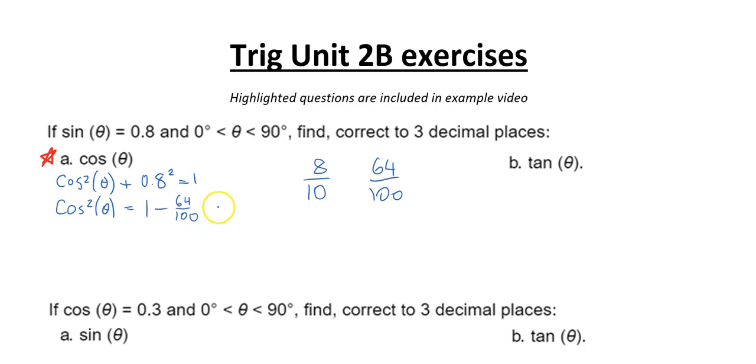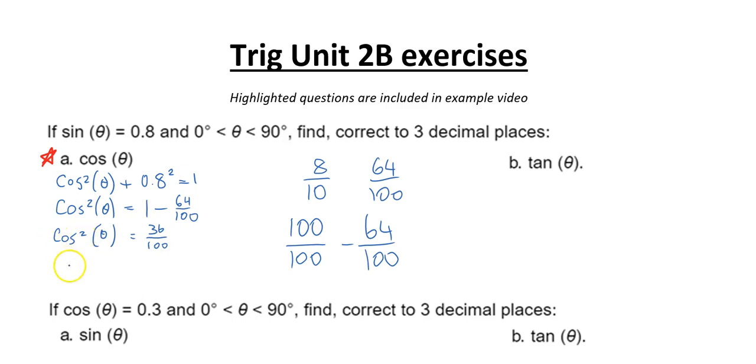So what is 1 minus 64? We can turn 1 into 100 over 100. 6 brings us up to 70, so 36. The only thing we've got to get rid of now is this square.